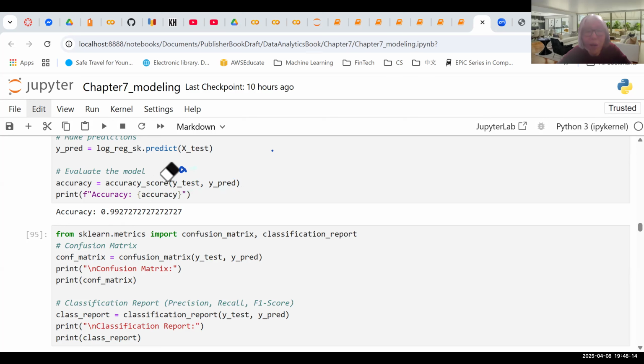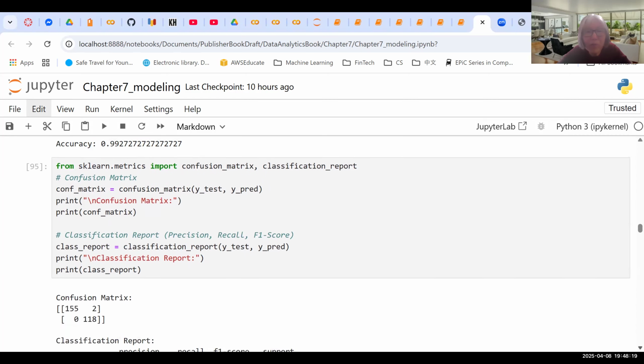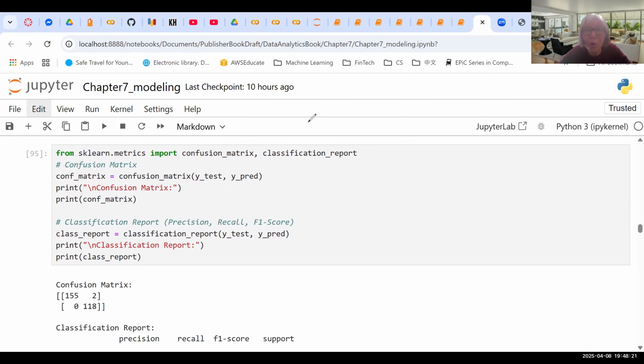And there are some other performance metrics that you can use for model evaluation.